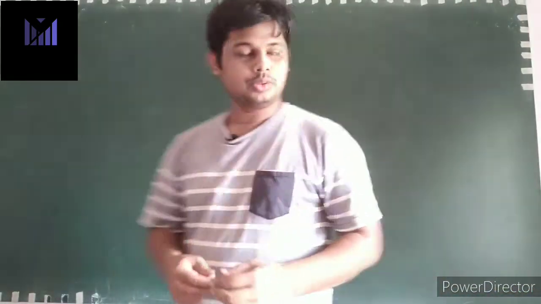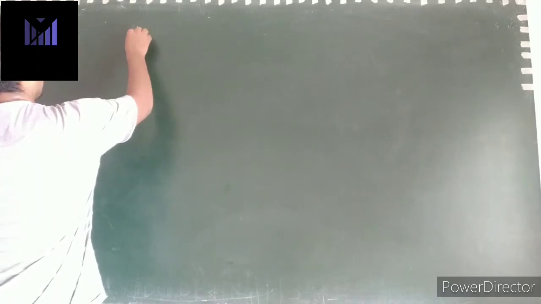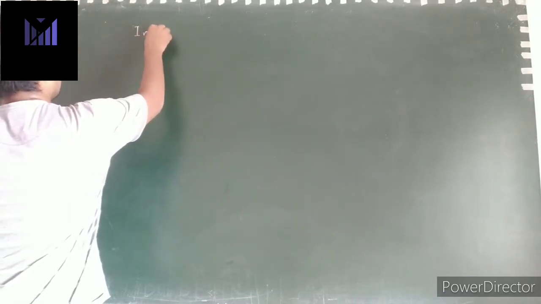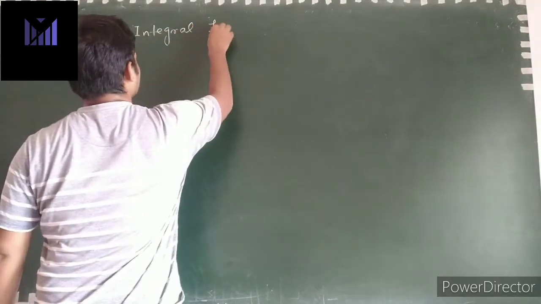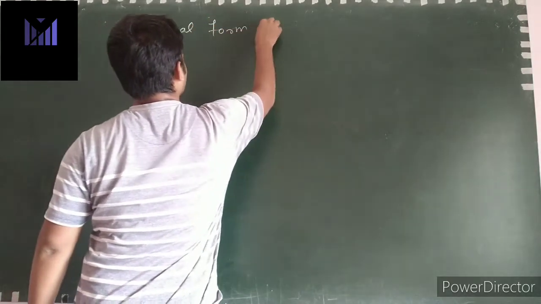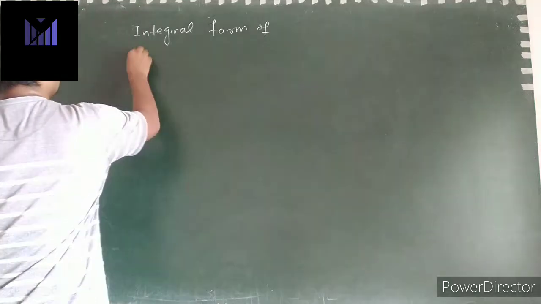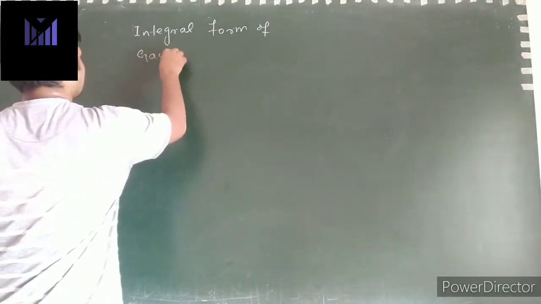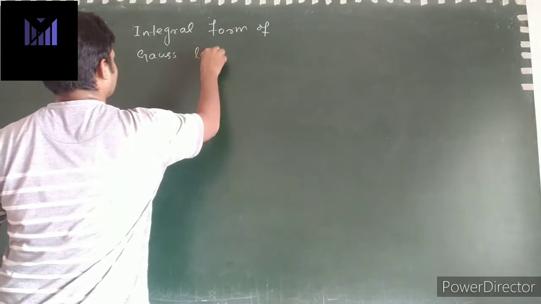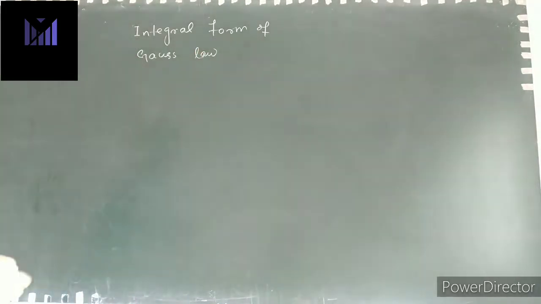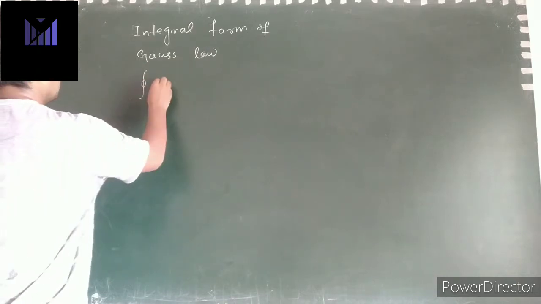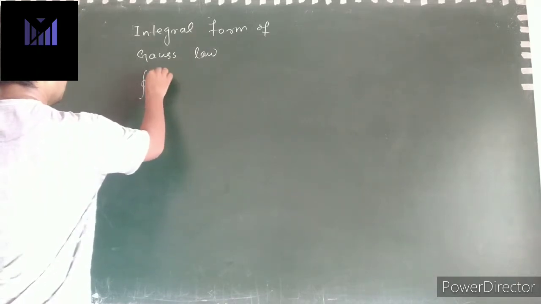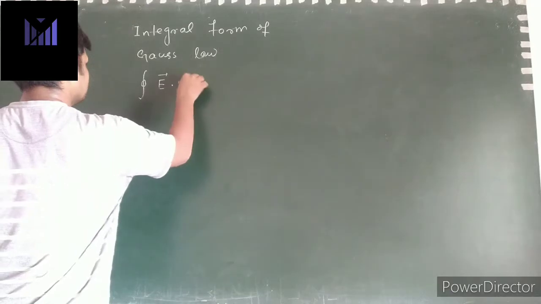Okay, so the integral form of Gauss law is given by the net flux associated with a closed surface, that is, the closed integral of E dot ds.